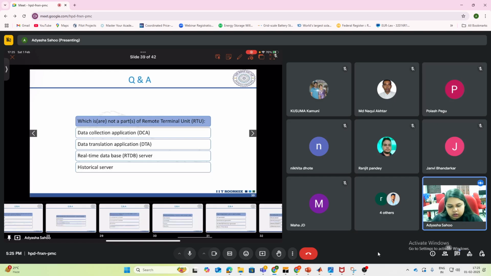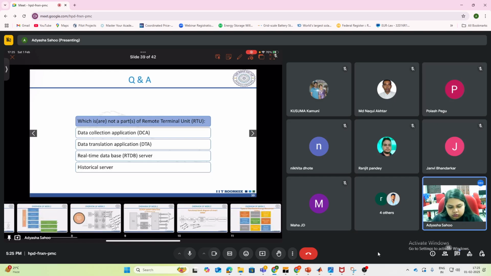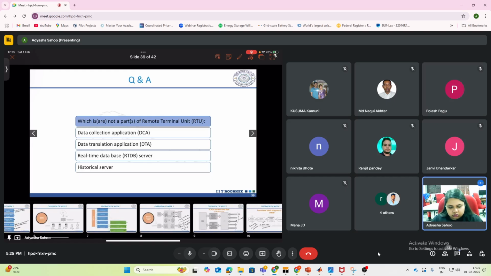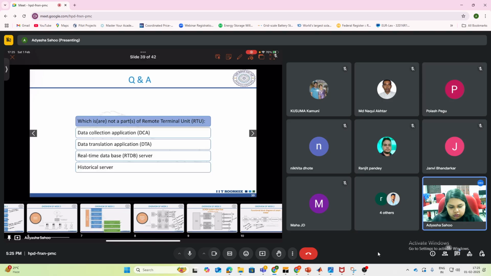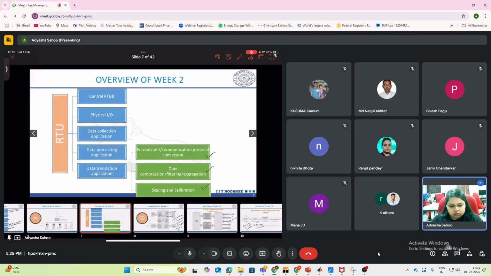You remember RTU. So it is having the TDP, it is having data collection.